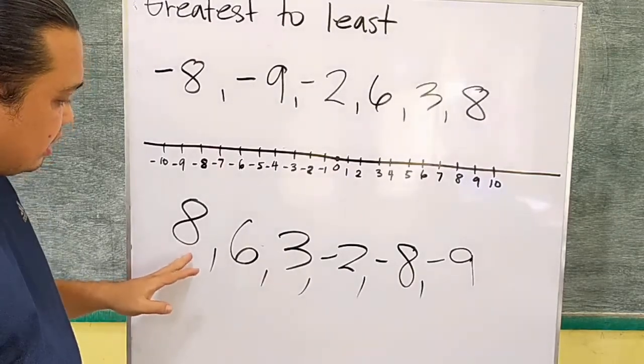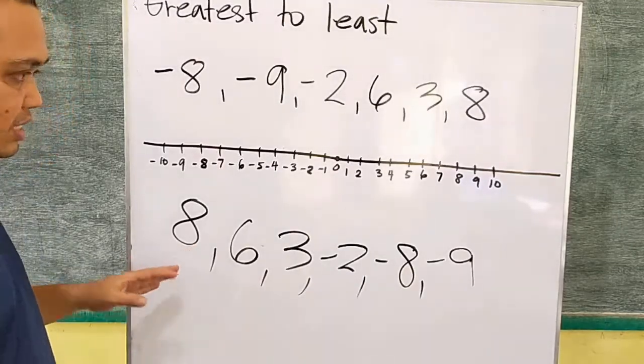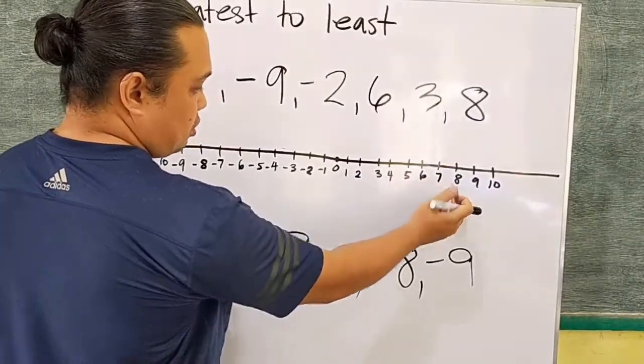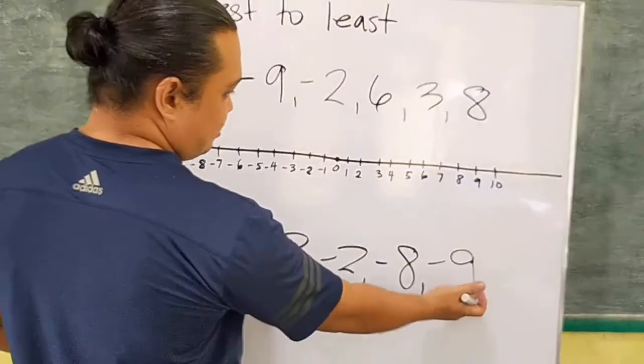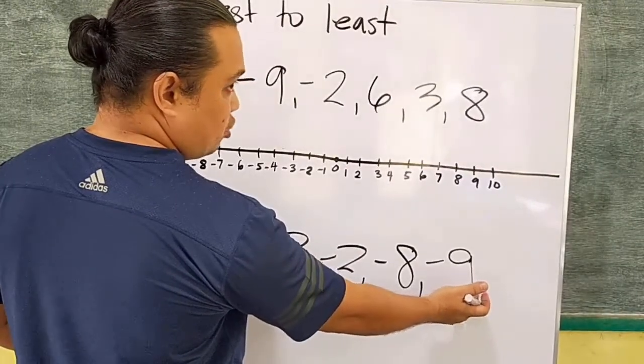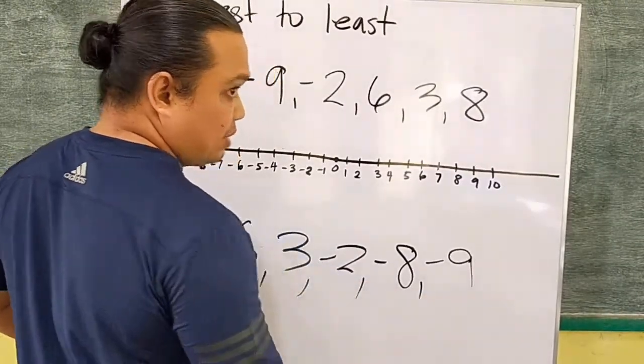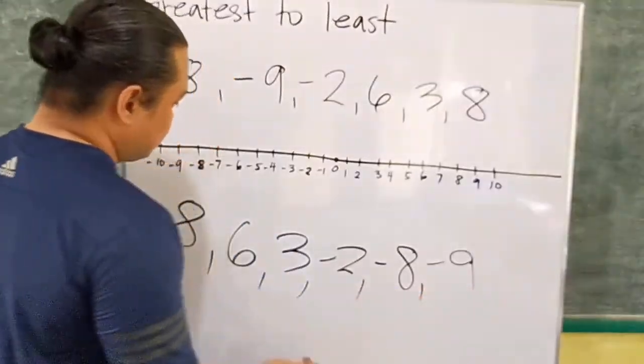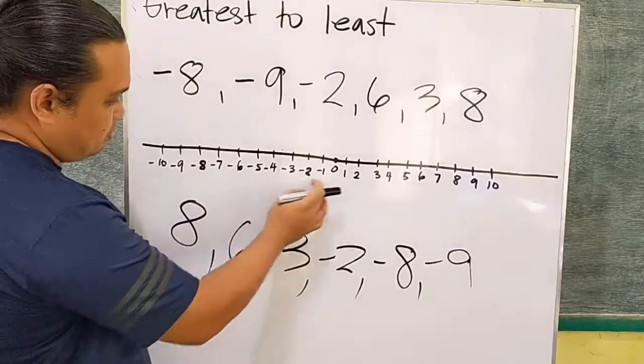8 here is the greatest. Why? Because it's the farthest number to the right of 0. While negative 9 is the least or the lowest number, the number that has the lowest value. Why? Because it's the farthest number to the left of 0.